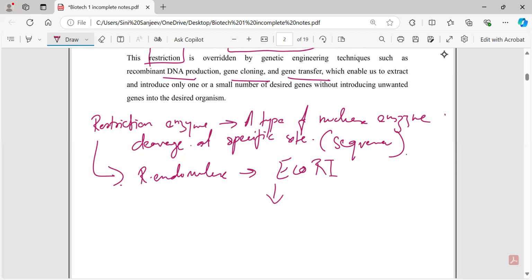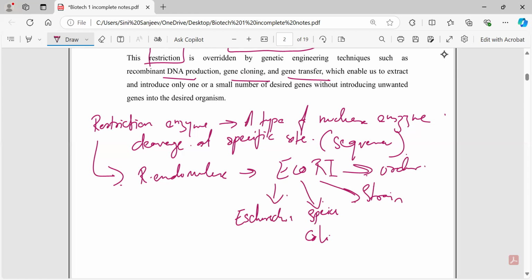E stands for Escherichia. E. coli's full form is Escherichia coli. Co stands for the species, coli. R is the strain you're going to use, and the number one is the order of isolation. So you will have EcoRI, EcoRII, EcoRIII, and so on.